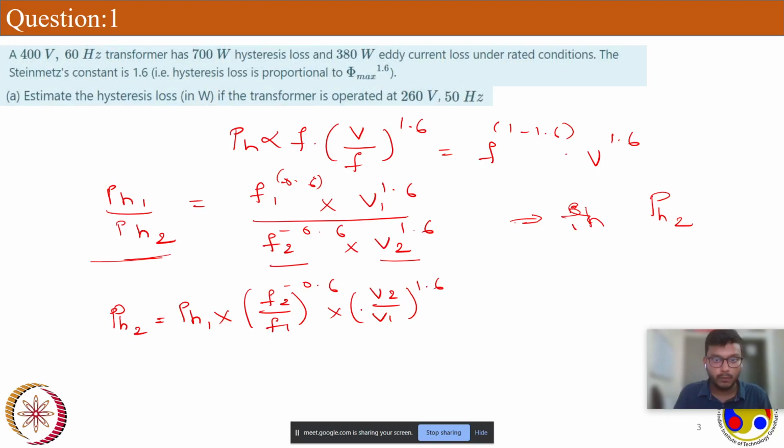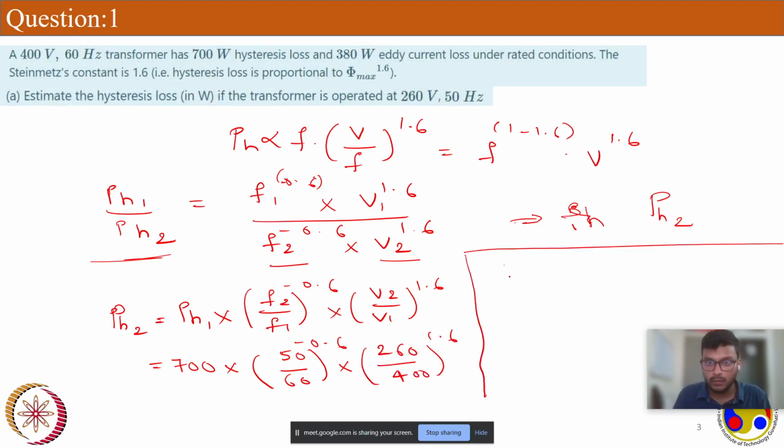Now 700, F2 is 50 divided by 60, multiplied by V2 is 260 divided by 400, to the power 1.6.